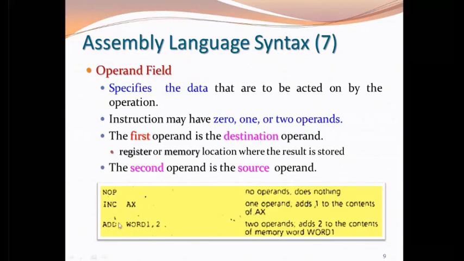And now two operands. You see, ADD WORD1, 2. That means you are adding the value 2 to the value of WORD1, and you are storing the result into WORD1. They are giving you a clear explanation of what you are actually doing by writing this assembly code.